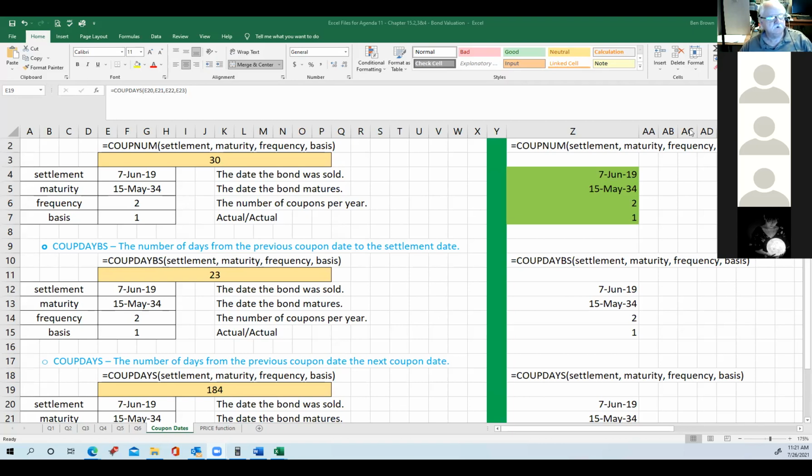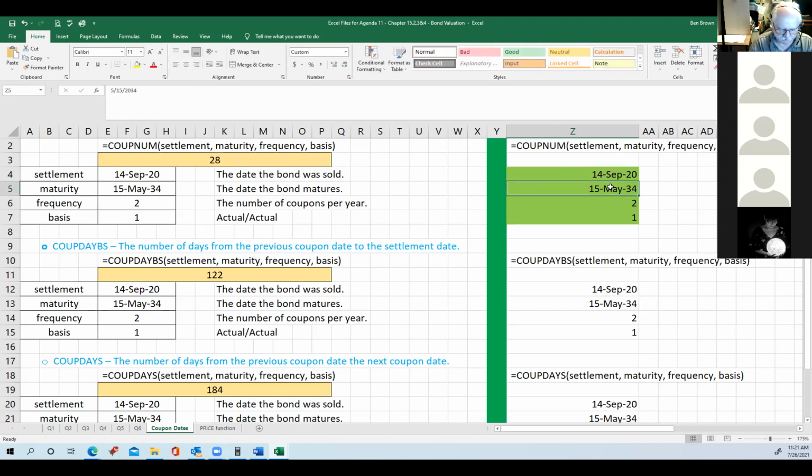Okay, good. So let's fill in the numbers we want here. The settlement date, I said, was September 14th, 2020.